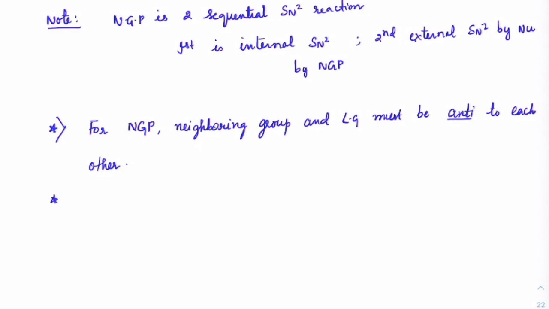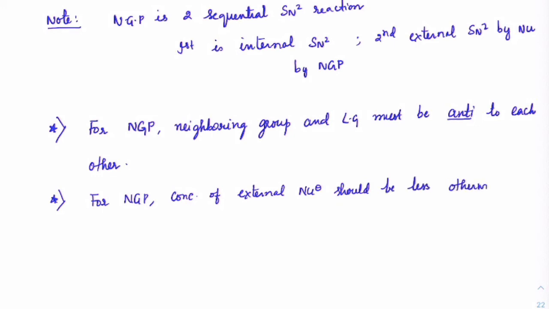Okay, right. Another point is for NGP, the concentration of external nucleophile should be less, otherwise normal SN2 can take place.